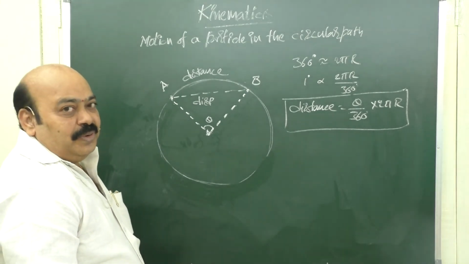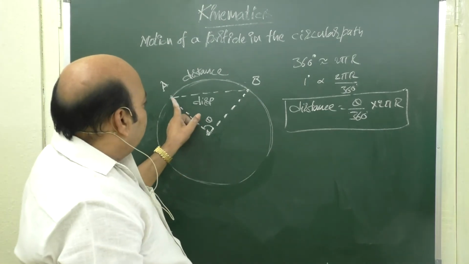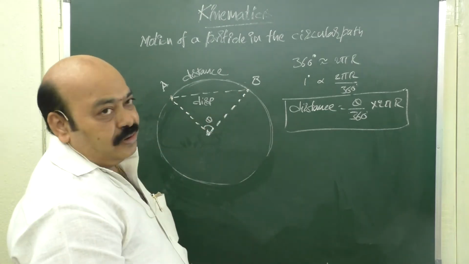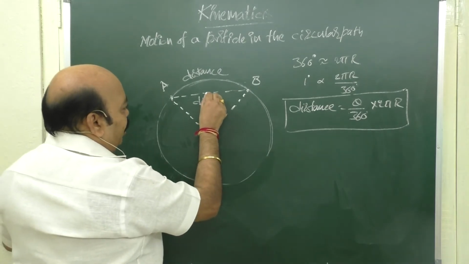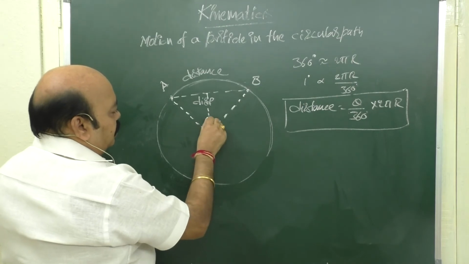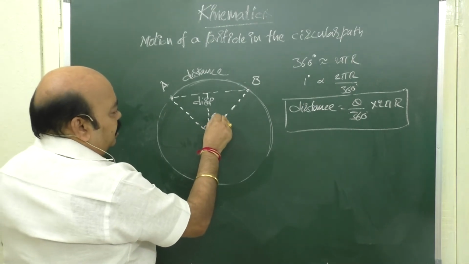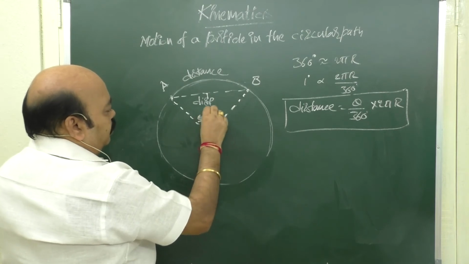What is the displacement? Here, keep attention. Displacement means the distance between these 2 points. Here I am bisecting this angle for calculation purposes, so this one goes to theta by 2 and this one also goes to theta by 2.